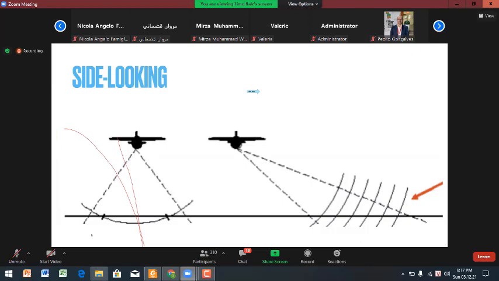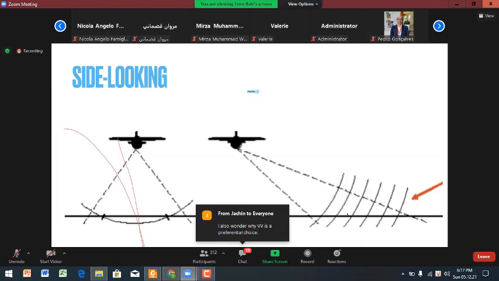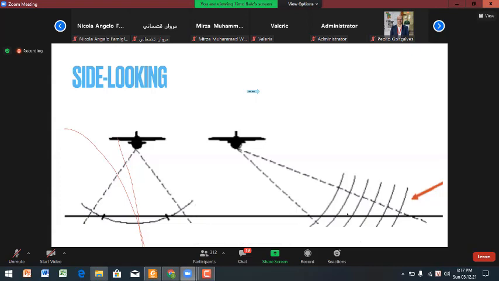However, if you look to the side, then you can separate the objects in the range direction just by looking at the time. If you're side looking, you can separate where the pixel is coming from by looking at the running time, even if your beam is very, very large.